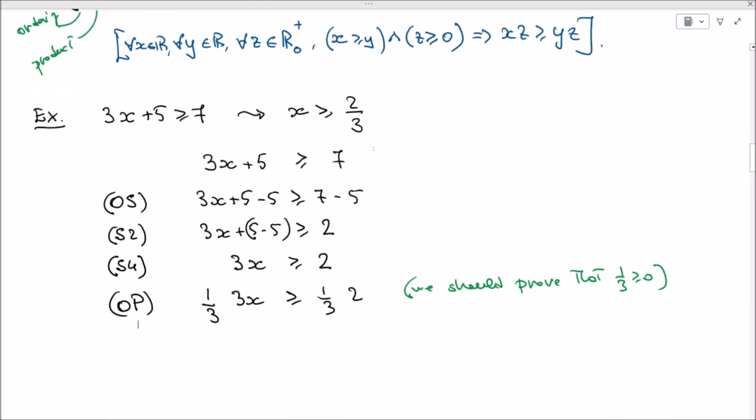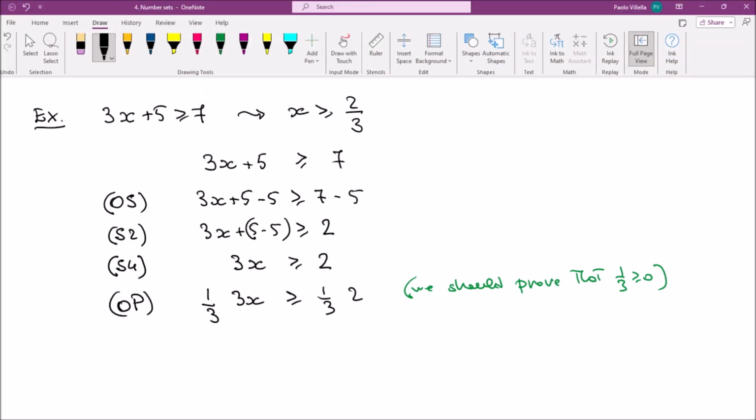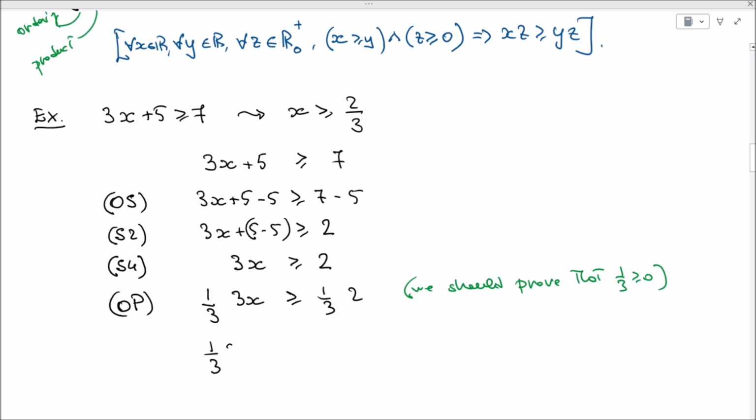And now, recognizing that 1/3 times 3 times x is larger than or equal to 2/3, and we are now using the associative property of the product, which is P2, and realizing that again 1/3 is just the inverse of 3, we finally get x larger than or equal to 2 divided by 3.